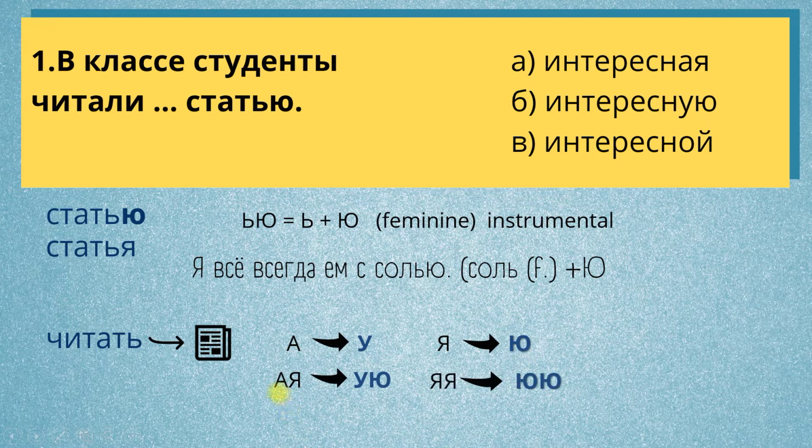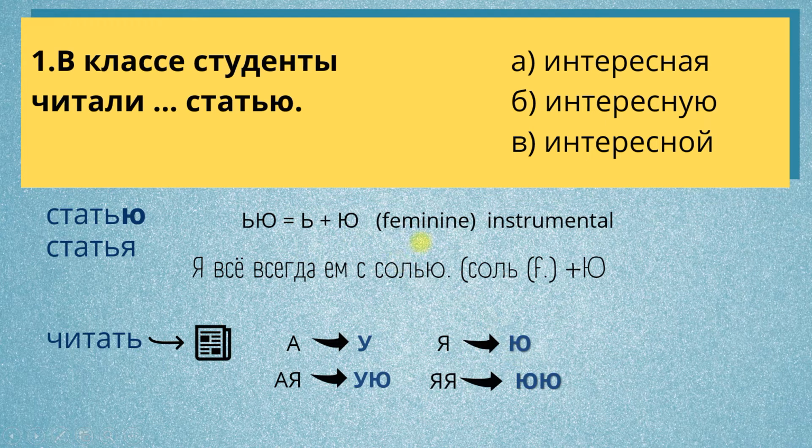For the adjective, you have "aya" that goes to "uyu" in accusative, and "yaya" endings go to "yuyu". If we check the options, статью читали is definitely accusative, that's why we have "yu" here.